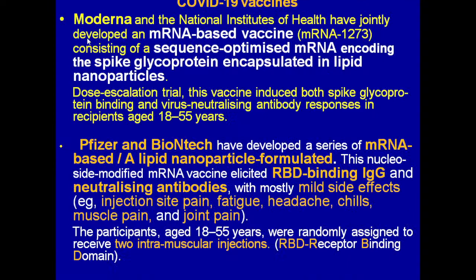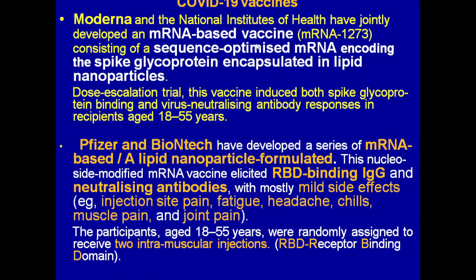So, some more COVID-19 vaccines. For example, Moderna and the National Institutes of Health have jointly developed an mRNA-based vaccine consisting of sequence-optimized messenger RNA encoding the spike glycoprotein, encapsulated into lipid nanoparticles to improve uptake of these nanoparticles by dendritic cells and macrophages.